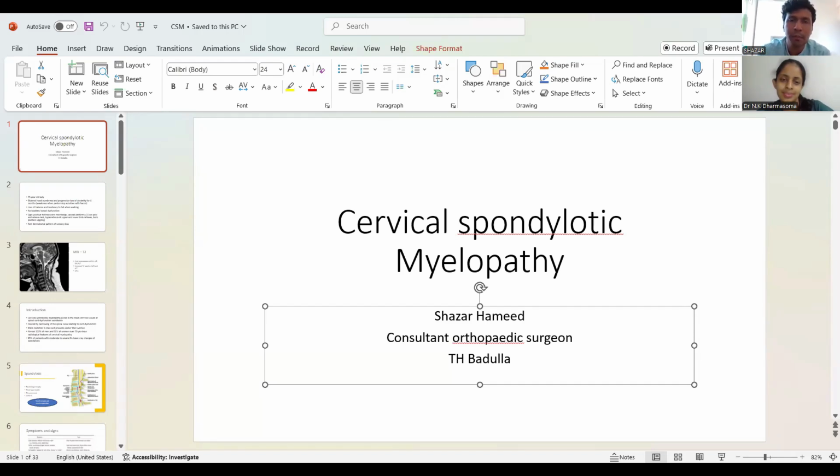Other causes can be, as I mentioned, OPLL, where your longitudinal ligament is calcified. You can have cancer, which is causing progressive compression. You can have chronic infection, which is causing the same. So these are all causes of cervical myelopathy, but cervical spondylotic myelopathy is a specific cause of cervical myelopathy.